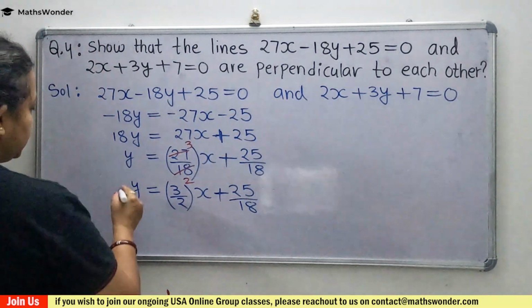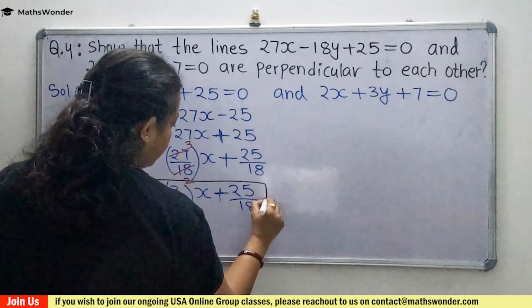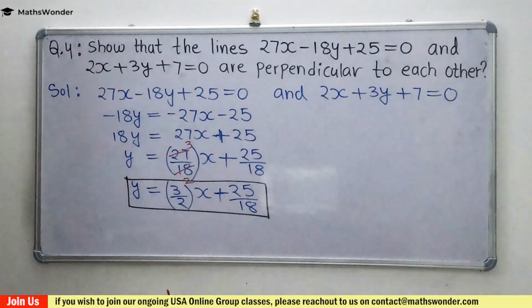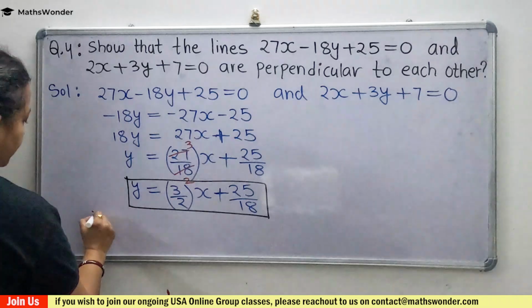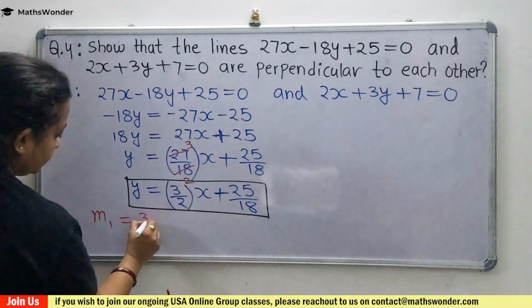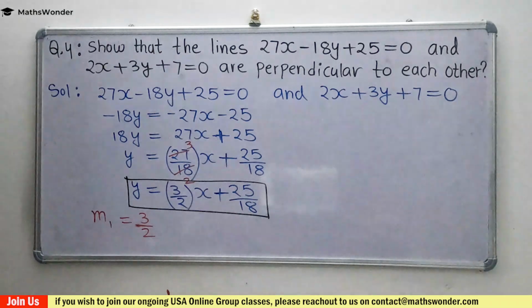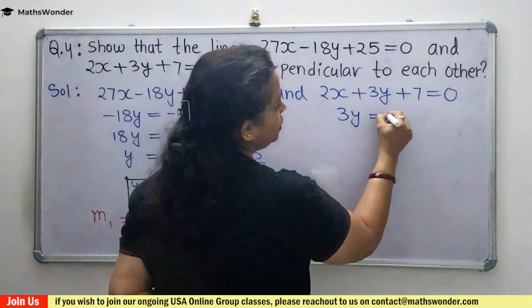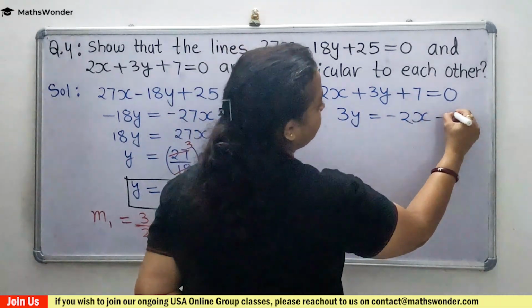So now we got the y equals mx form in this equation. So what is m here? m1 is 3 over 2, right? Slope of this is 3 over 2. Now come to the other side. So 3y is equal to negative 2x negative 7.